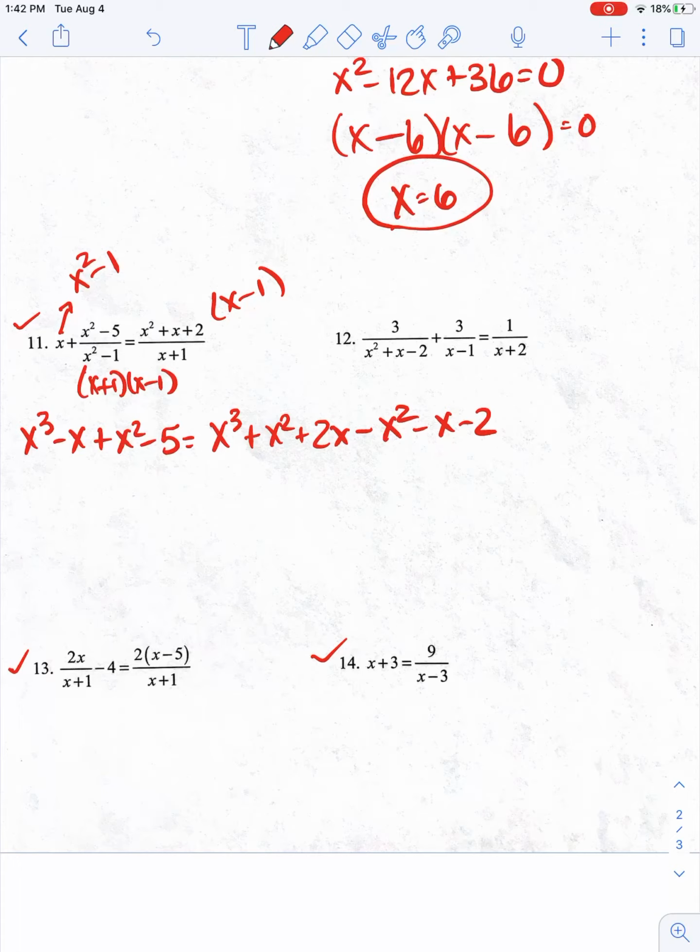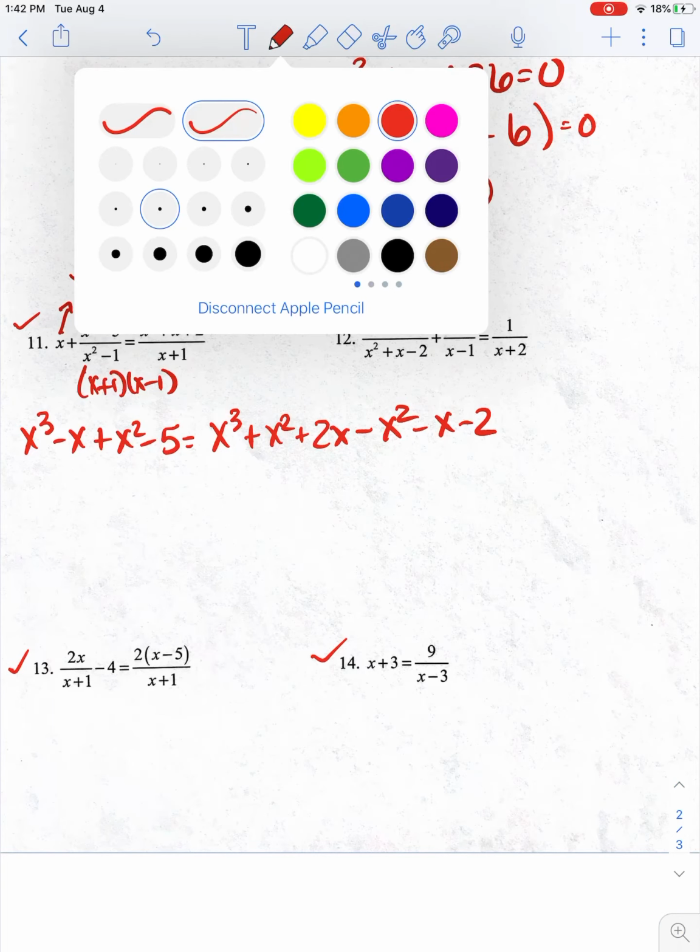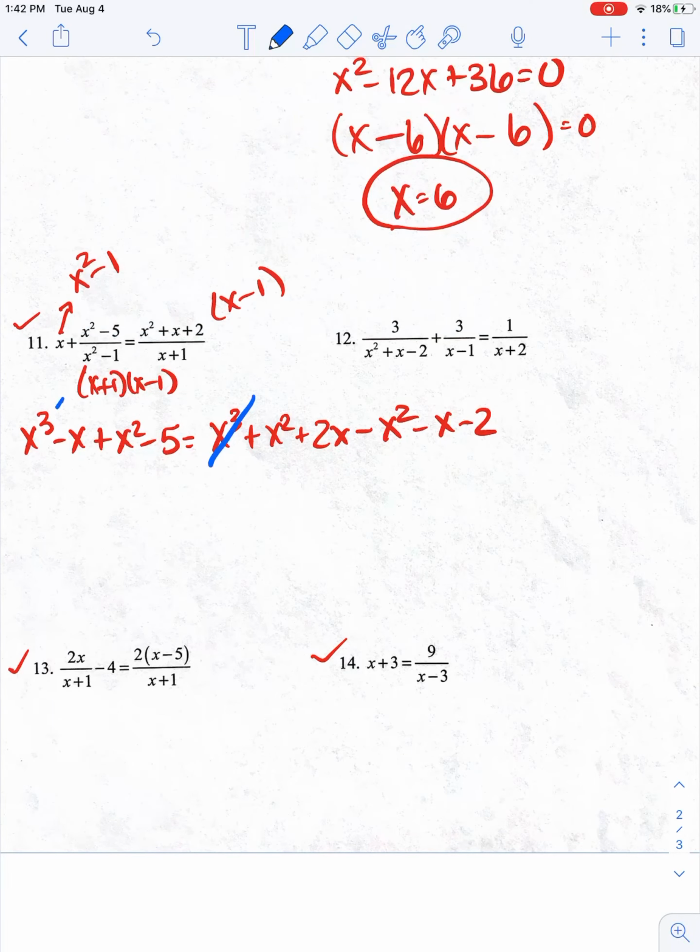Okay, so I started to freak out because I think, okay, I can handle linear, I can handle quadratic, but this guy's cubic. But he's really not, because those two guys are going to cancel each other out. These two x squareds are going to cancel each other out, but then I have this one, so I'm going to add it to the other side.